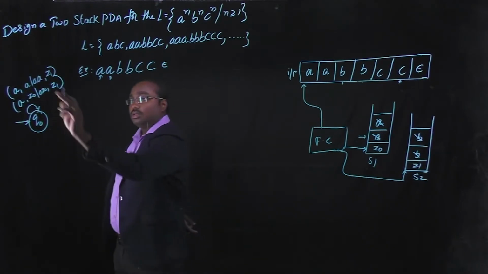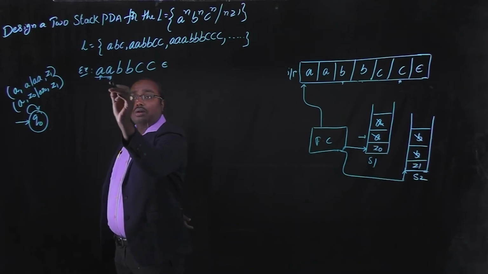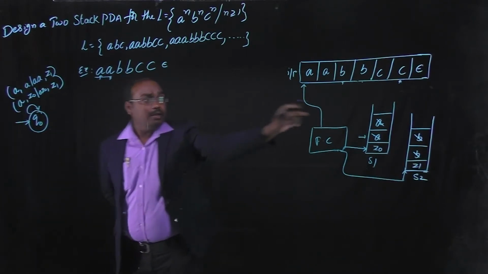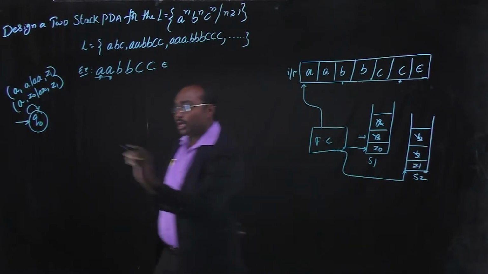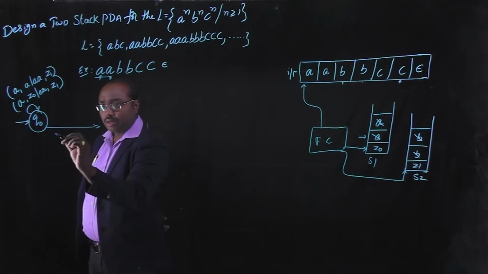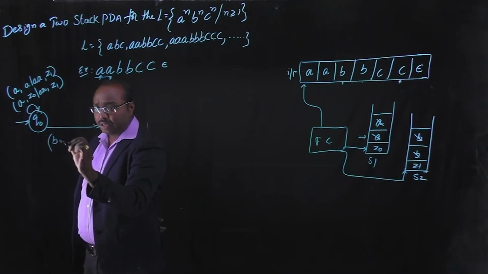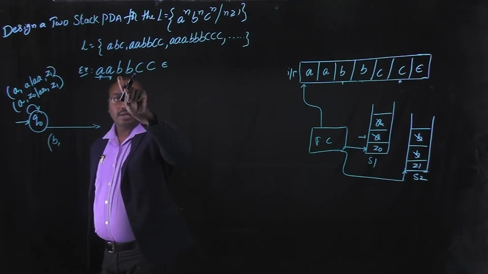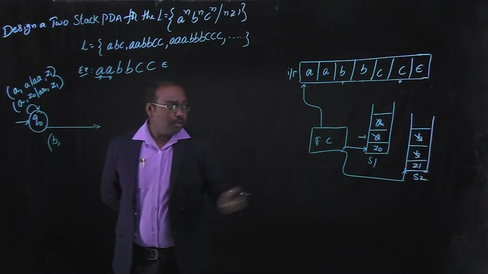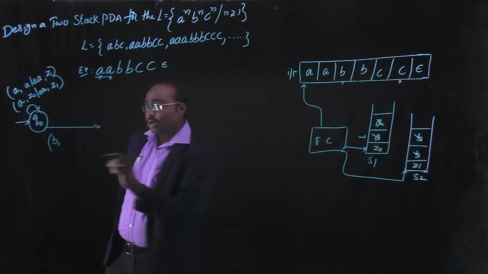So now all A's should be read. What's next? Again, read all B's. So now we'll move to another state. For example, if the input symbol is B, and the top of the element is Z0, in this situation we are not doing anything onto stack 1.